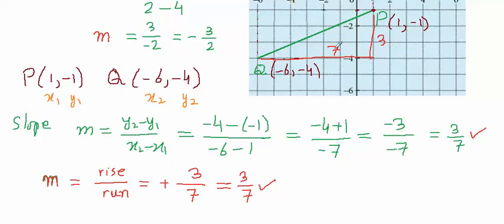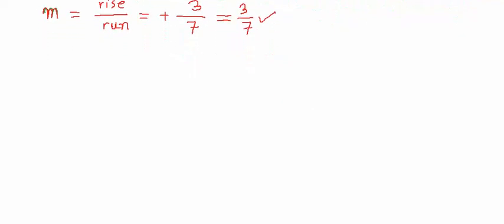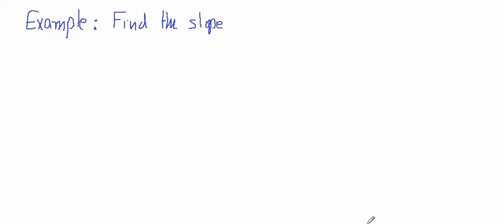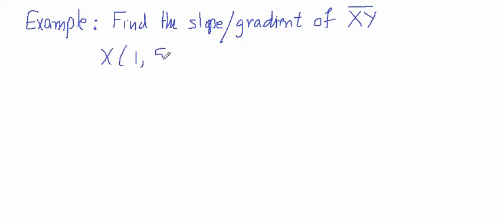Even if the diagram is not given, the graph is not given, we can easily find it. So now I will give you an example where it is done without the graph. See this example. Find the slope or the gradient of the line segment XY, where X is (1, 5) and Y is (-2, 0).